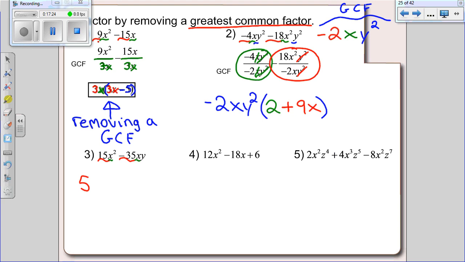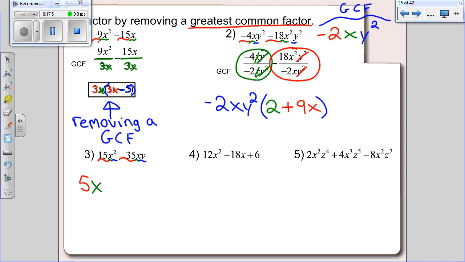And the trick to this one is I look at my next letters, there's no y's and there's a y there. So the most number of y's I could take out of both is 0. So there's no y's in my GCF. 5x is the GCF. So hopefully you got that. Now I want you to try to remove 5x from that question. So see if you can do that next step.